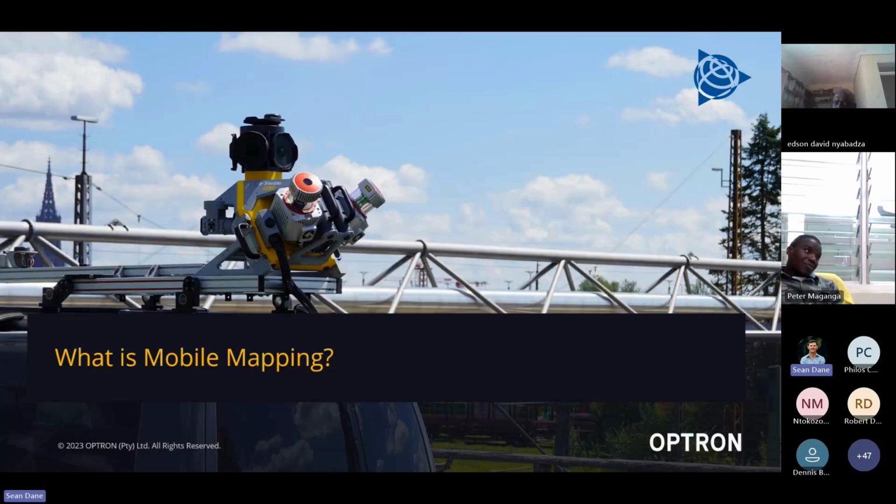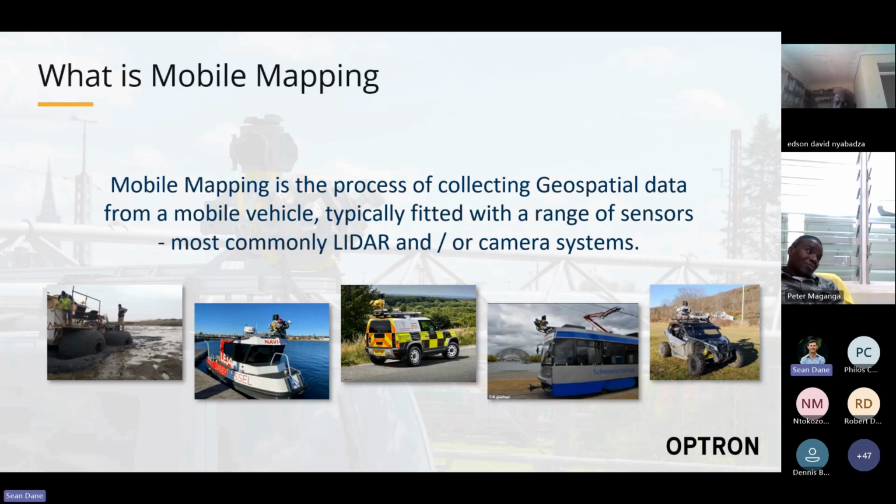All right, so what is mobile mapping? At a very high level, mobile mapping is a process of collecting geospatial data using a mobile vehicle, typically fitted with a range of sensors: LiDARs, cameras, IMUs, GNSS, and so on.